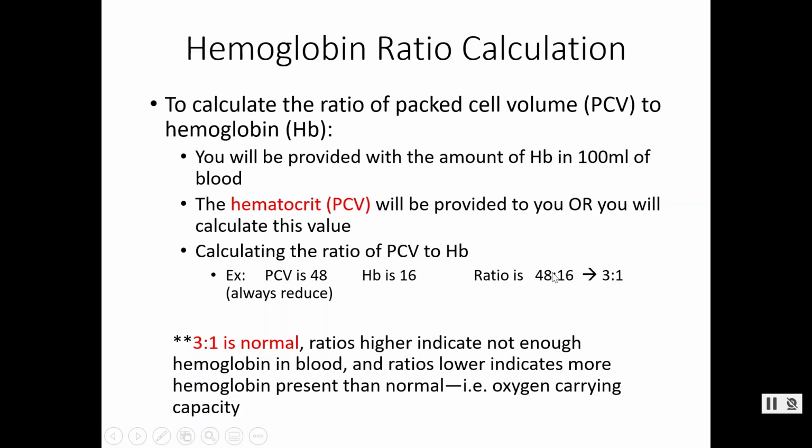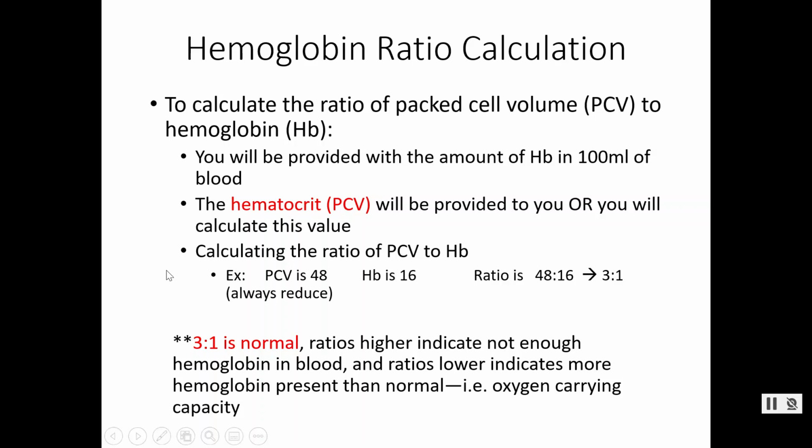So 48 and 16 will give you a 3-to-1 ratio. The 3-to-1 is something that you're going to see quite a lot because this is your normal ratio. Anything higher indicates that you don't have enough hemoglobin in your blood. Ratios lower than the 3-to-1 indicate that you have more hemoglobin present than normal. And it's really all about oxygen carrying capacity.